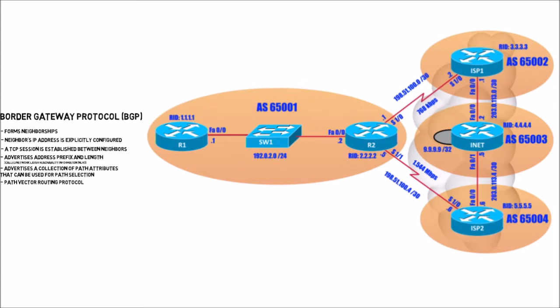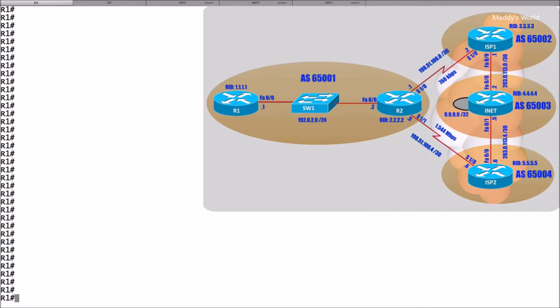Let's go out to a live interface right now and see how we can connect our enterprise network using BGP out to a couple of different service providers on the internet. Let's take a look at how we can configure our enterprise. We're pretending that our enterprise is made up of routers R1 and R2.